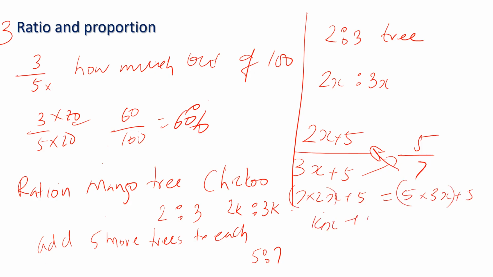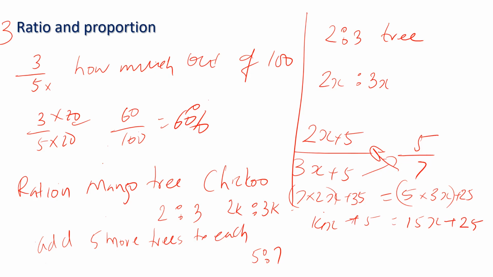14x plus 5 is equal to 15x plus 5 into 5, 25. Right? We added 5 trees and we got the answer. Here we are supposed to write, here it is 5 5s are 25, and here it is 35, 7 into 5. Sorry, I forgot.